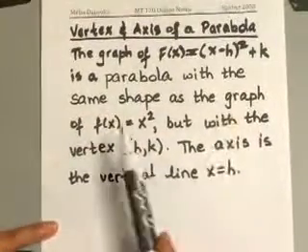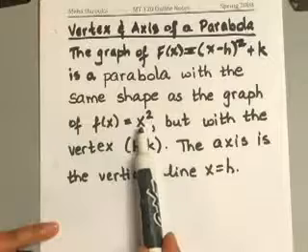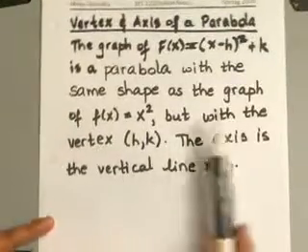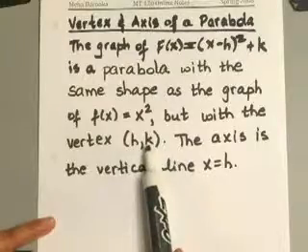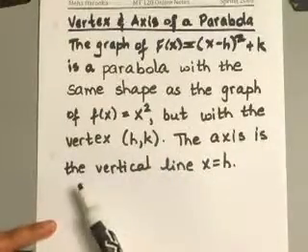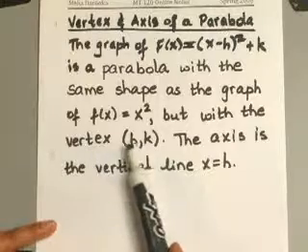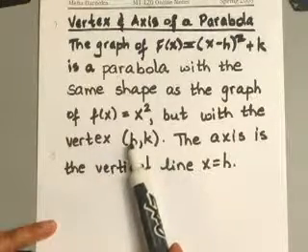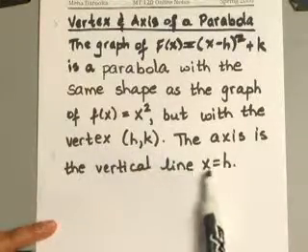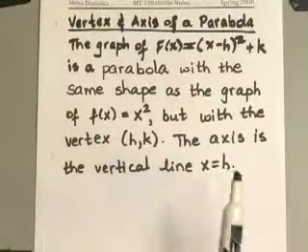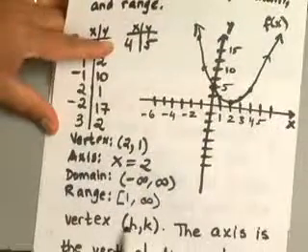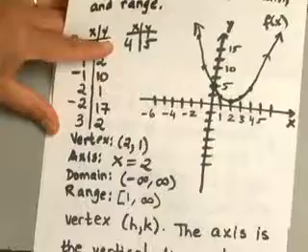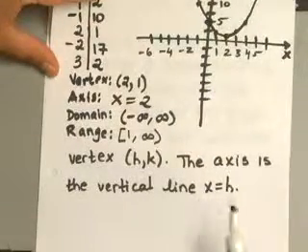Okay, it's going to have the same shape as the graph of f of x equals x squared, but this time your vertex is going to be h, k, your horizontal and vertical shift, and the axis will of course pass through the h, or the x coordinate of your vertex, which will be x equals h, and that's what we had right here in this example. The 2, 1 represents your h, k, and x equals 2 represents your x equals h.